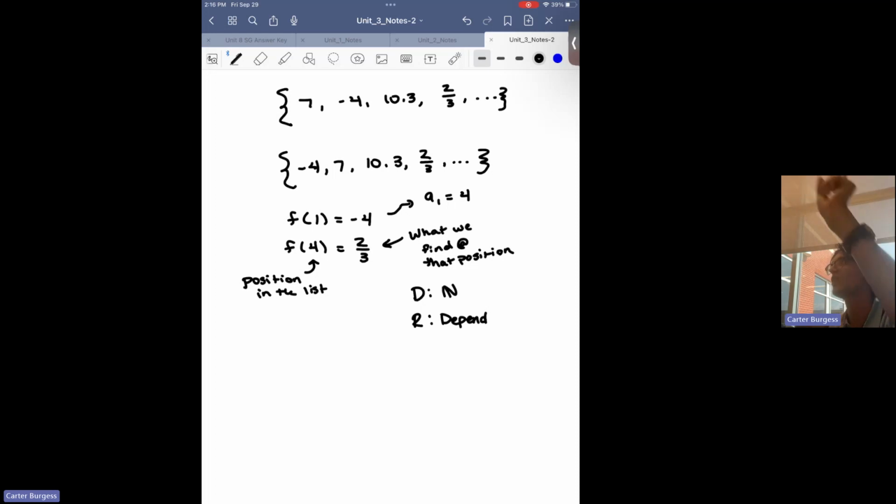And it just points us to where we are in my sequence. Now, if I want to refer to a generic term in my sequence, or just any random term, the way I'm going to do that is with a sub n.